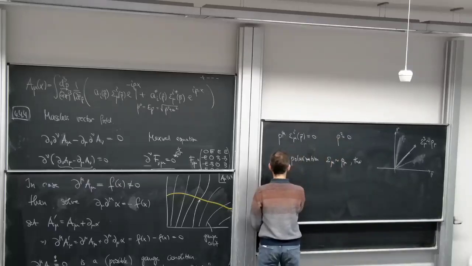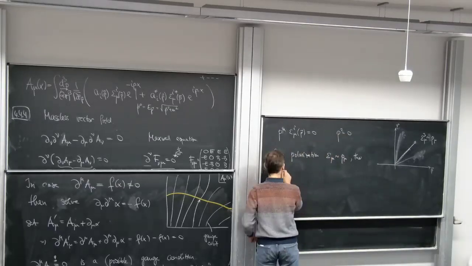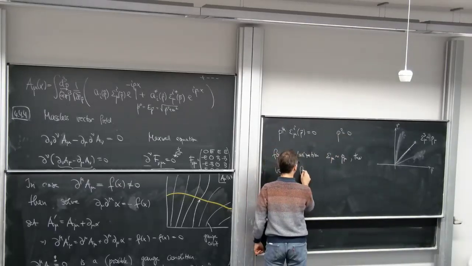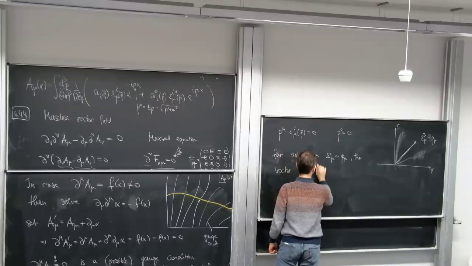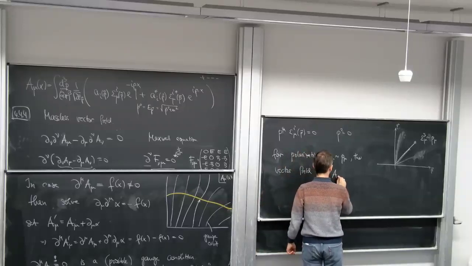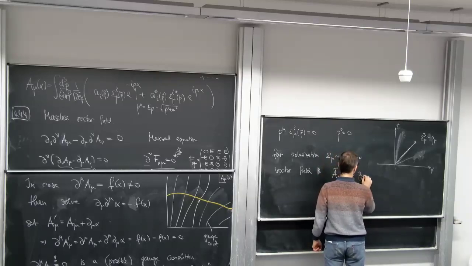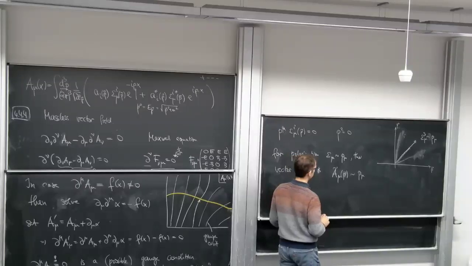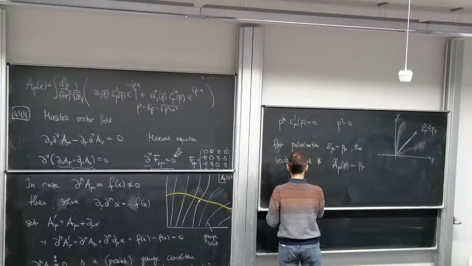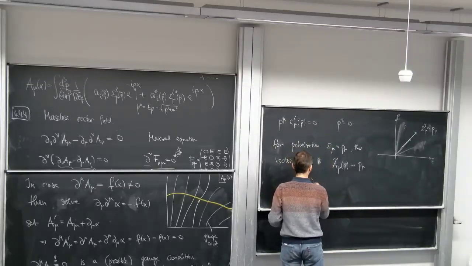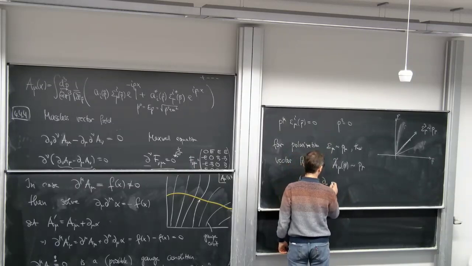The vector field A mu, like in momentum space, is proportional to P mu, which means in coordinate space, it's proportional to a derivative.